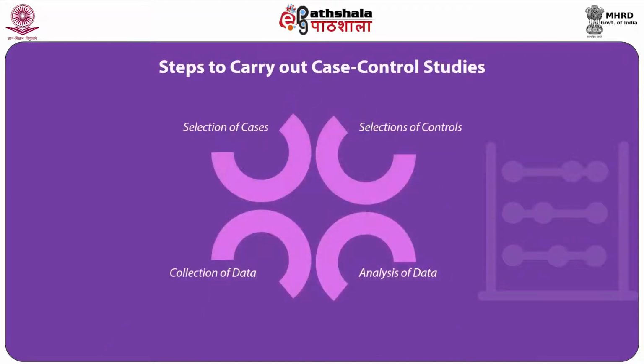We will now move to steps to carry out case control studies. Number 1, selection of cases. The study begins by enrolling people who have a certain disease or outcome, that is cases. This requires a clear case definition, and care is needed so that bias does not arise from the way in which cases are selected.